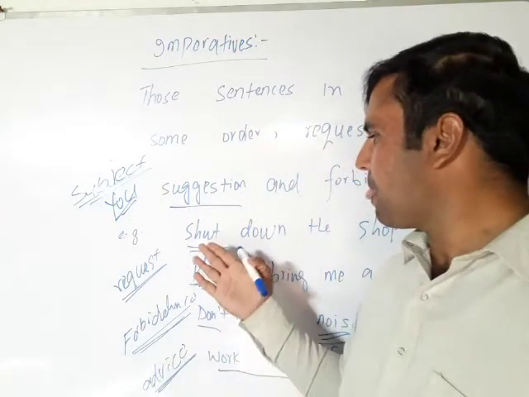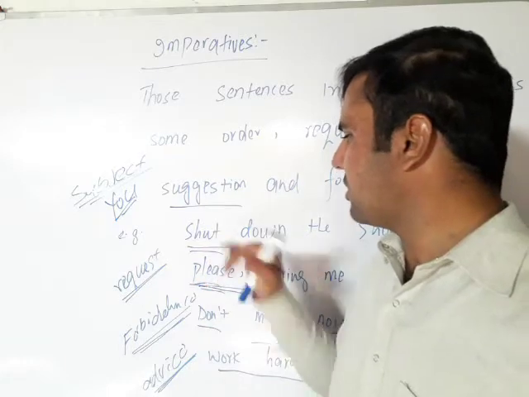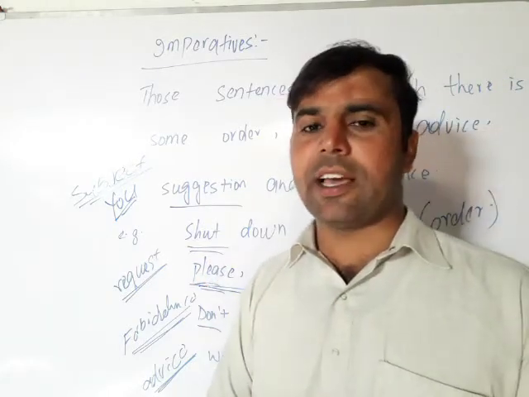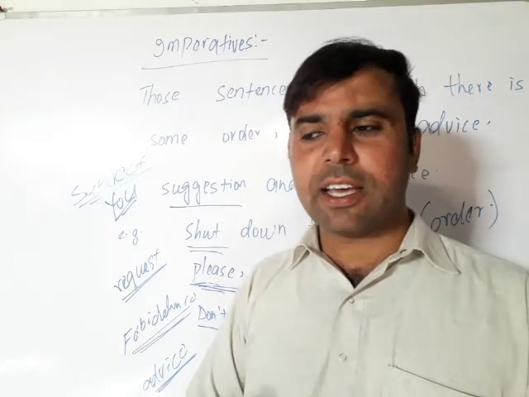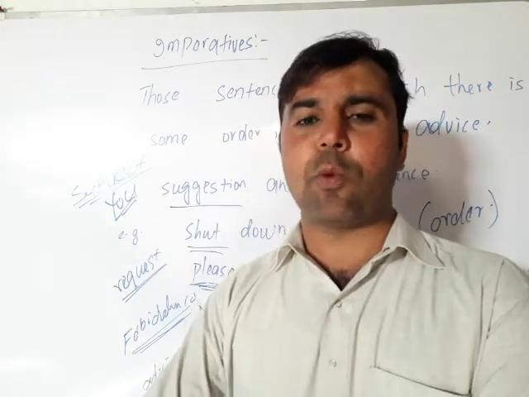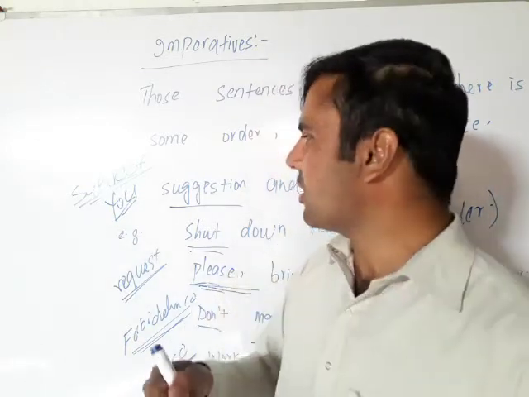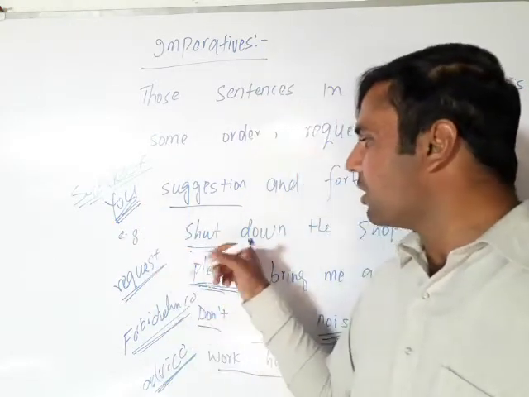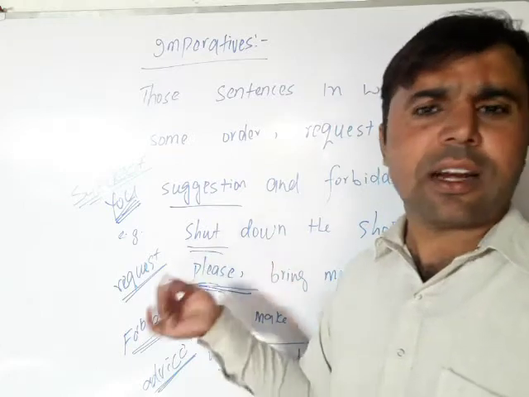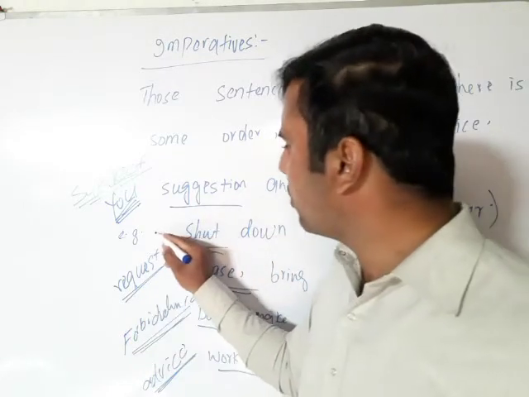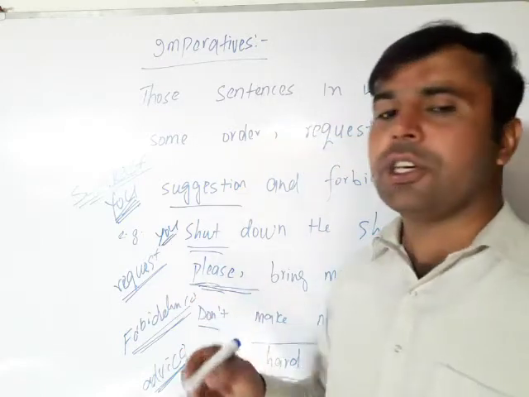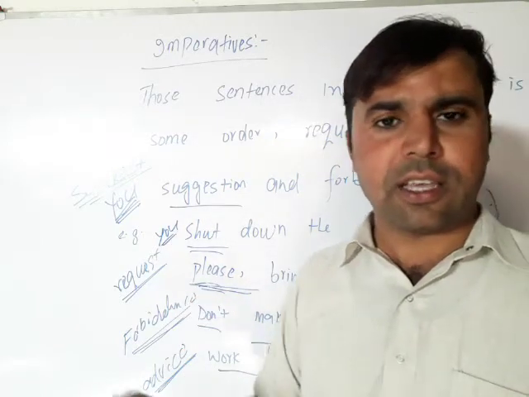Suppose we see the sentence shut down the shop, so it tells us that we are saying to someone present. There is the subject you in this sentence. If we do not write it over here, that is even okay. If you put it like this, you shut down the door, you shut down the shop, it again is okay.